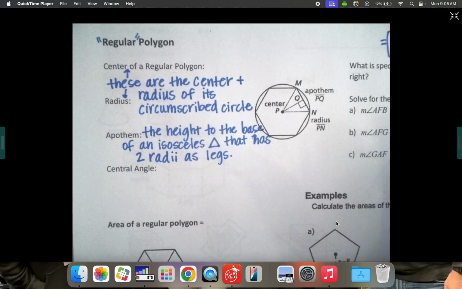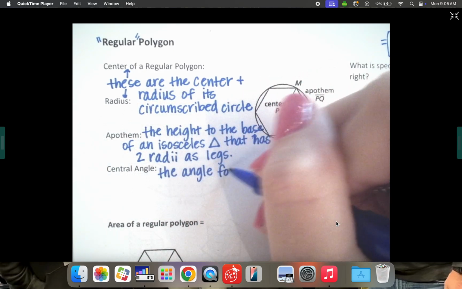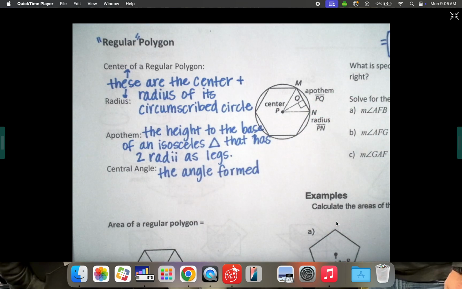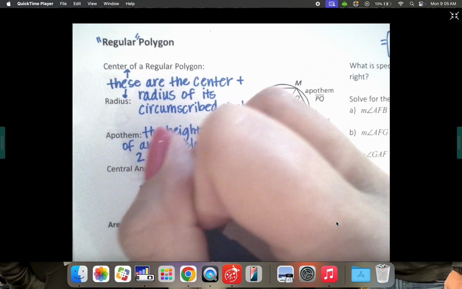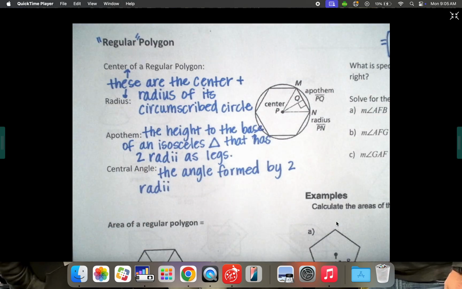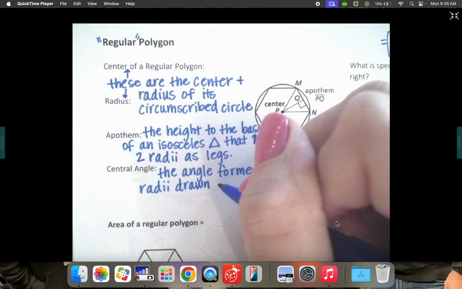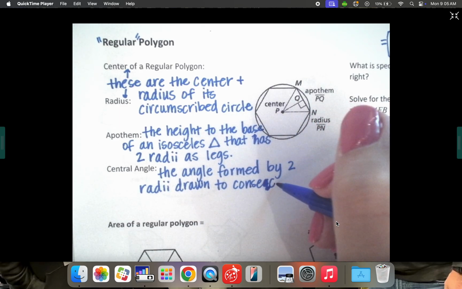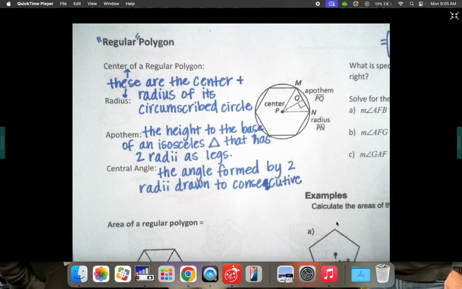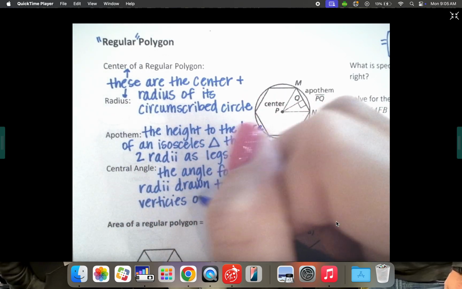Okay, the central angle is the angle formed by two radii, such a weird word, drawn to consecutive vertices of the polygon.